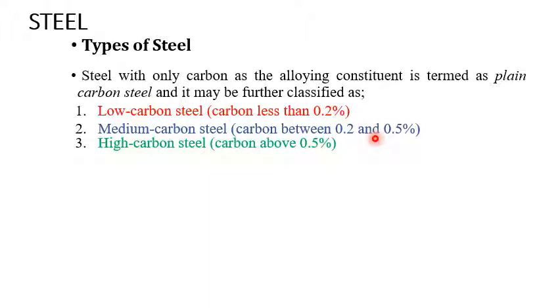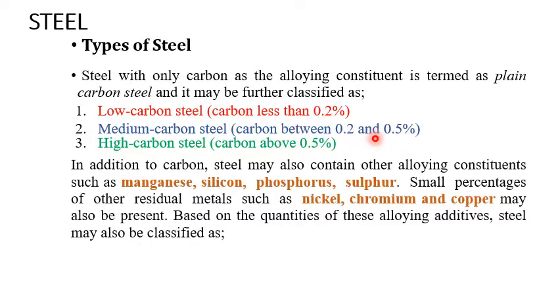So to have different properties depending upon the application in real use, different alloying elements are added in order to change the properties, say for example manganese, silicon, phosphorus, nickel, sulfur, chromium and copper.